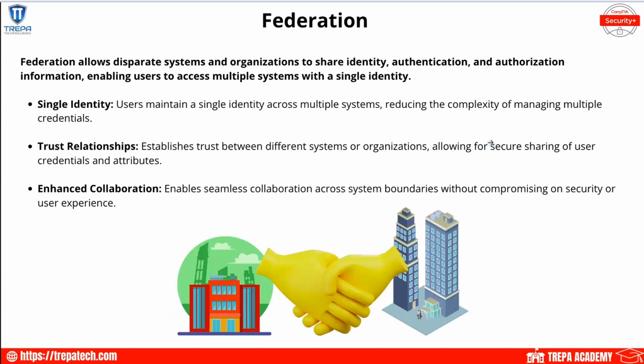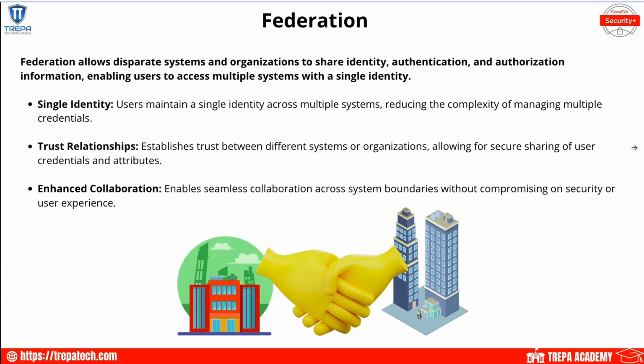Federation. Federation allows disparate systems and organizations to share identity, authentication, and authorization information, enabling users to access multiple systems with a single identity. What we're saying here is with federation, there are two separate enterprises. One may be the identity provider, one may be the relying party, and that relying party is going to rely on the identity provider to use its authentication and authorization servers and resources to grant users access to their website or their resources.